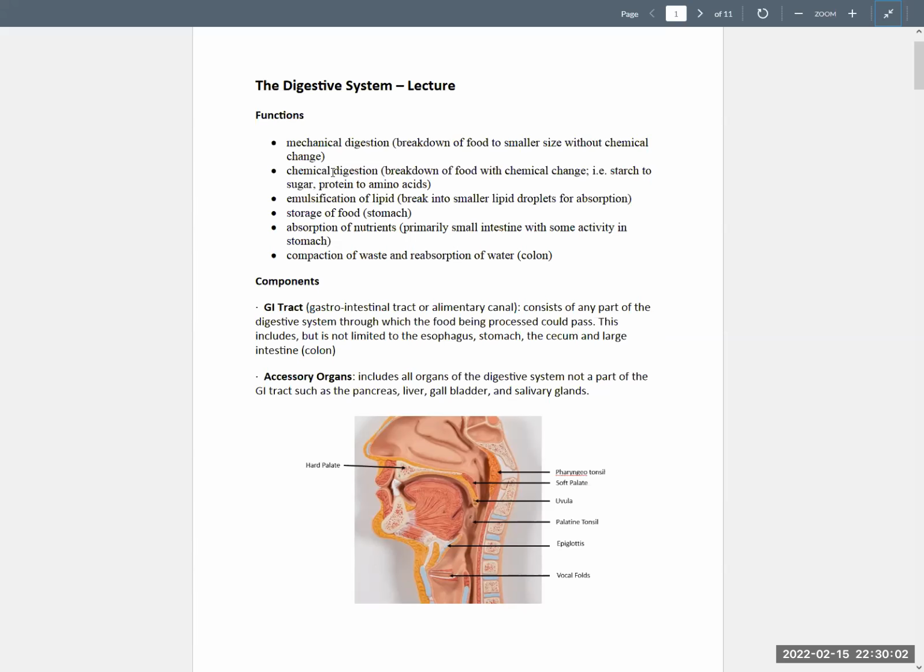The other type of digestion is chemical digestion, and it's a breakdown of food, but you have chemical change. Starch turns to sugar. Proteins become amino acids.